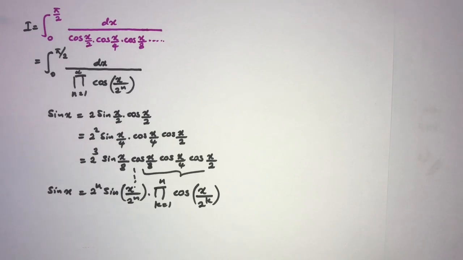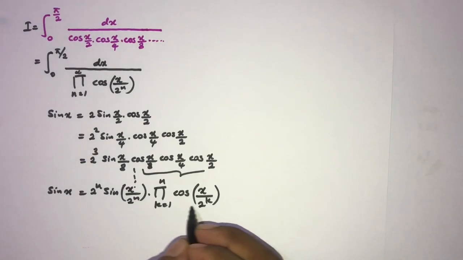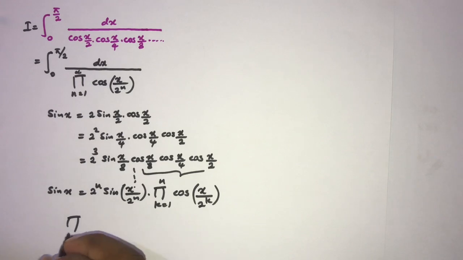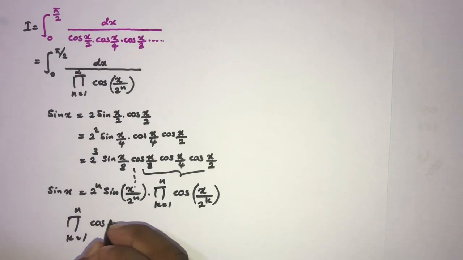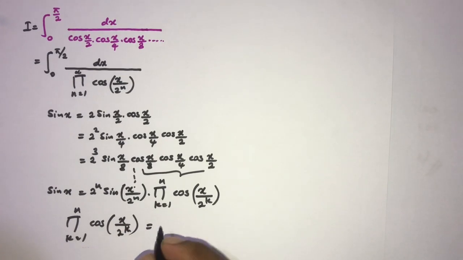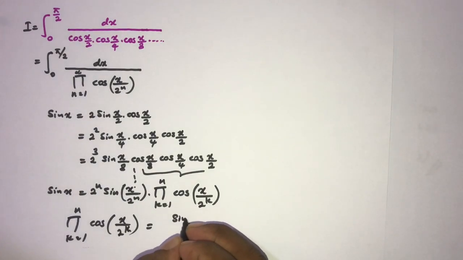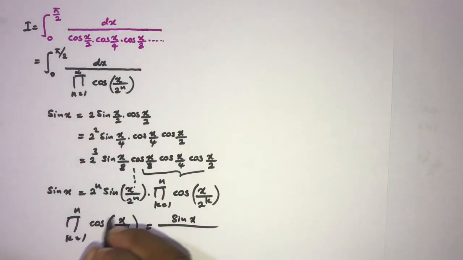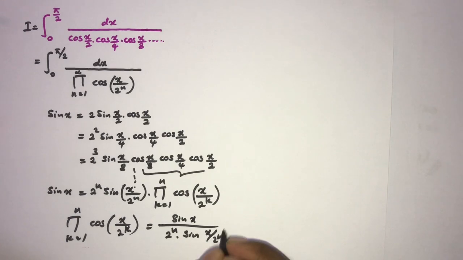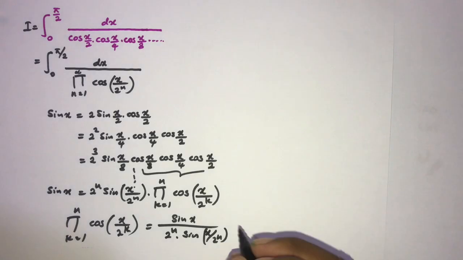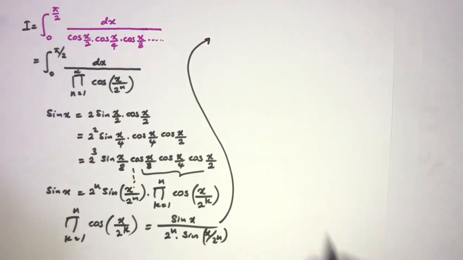Then we can isolate this product. We can write the product from k equals 1 to n of cosine of x over 2 raised to the k is equal to sine of x over 2 raised to the n times sine of x over 2 raised to the n. Then I'm going to simplify.